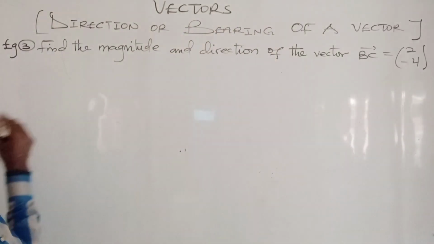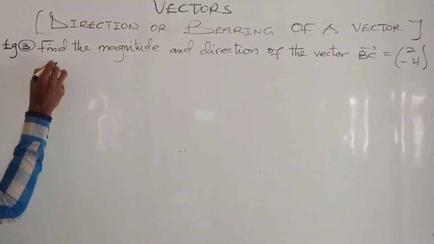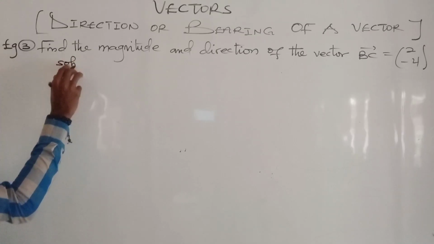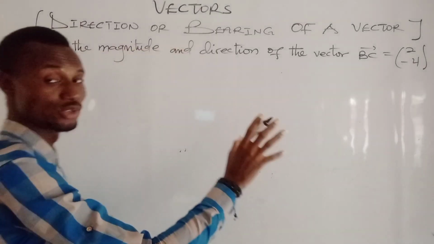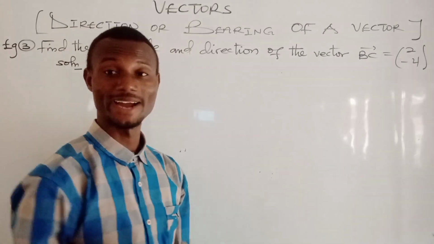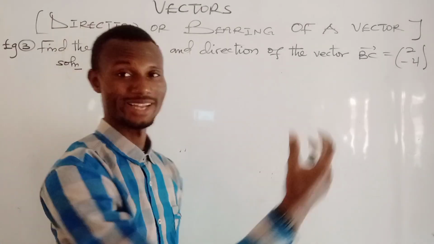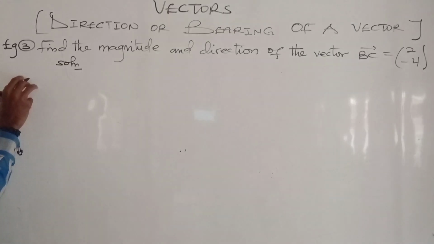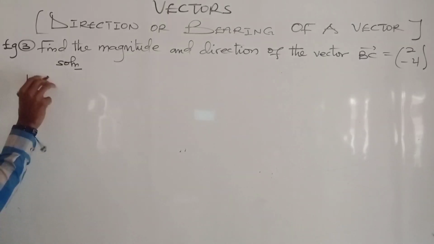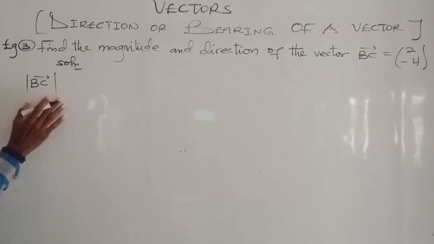I'm going to write down my solution so that we can begin. The first part is saying we should find the magnitude. So we are going to start by finding the magnitude of the vector BC. This is how you write it.